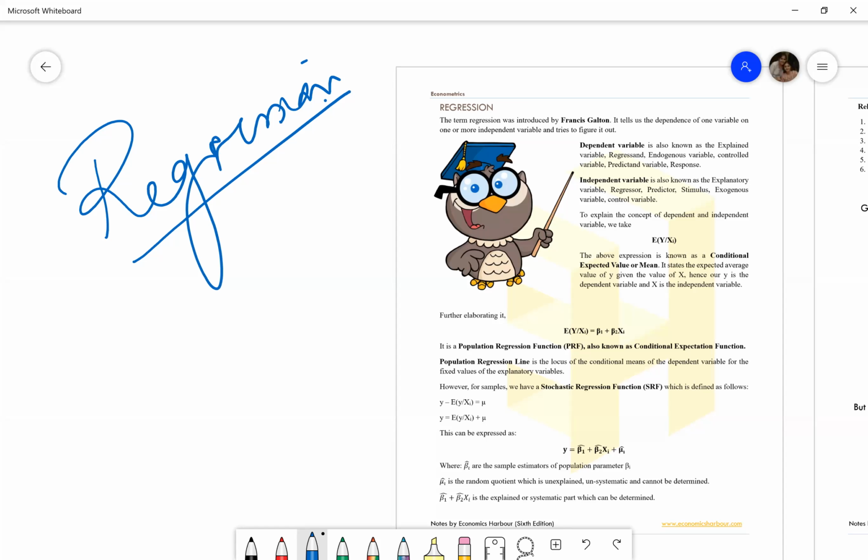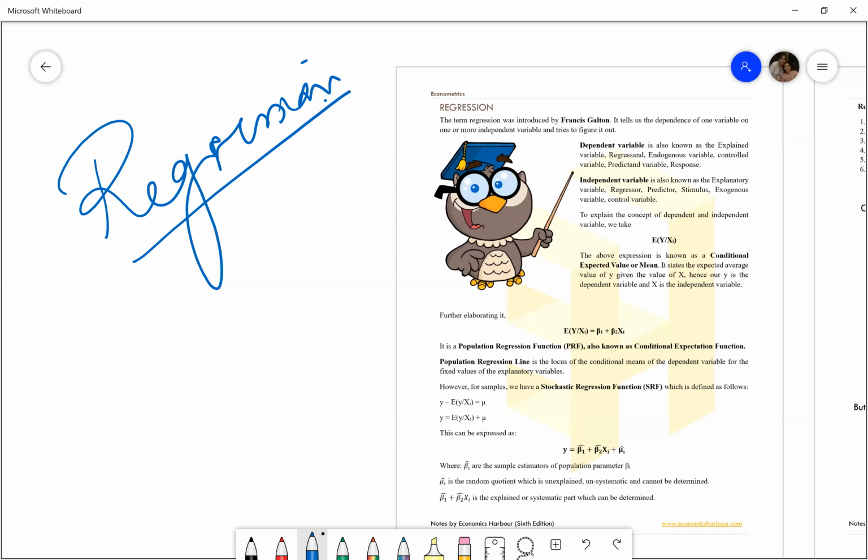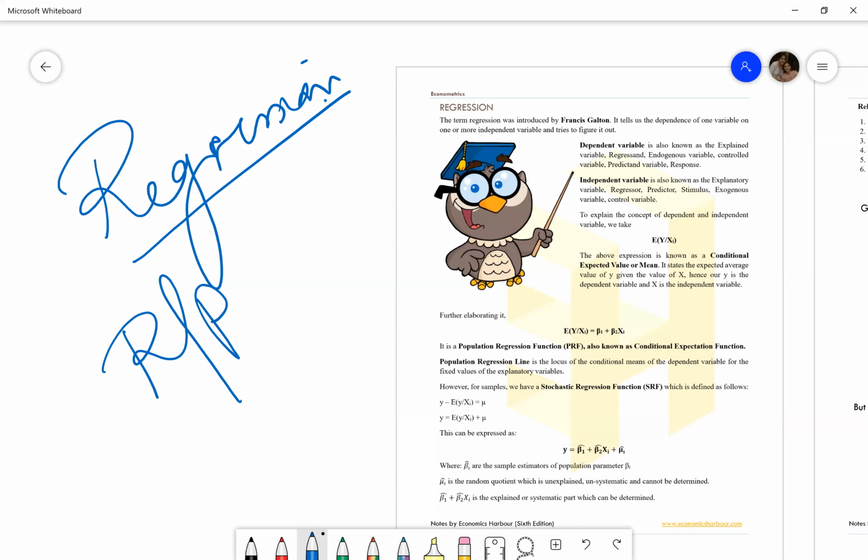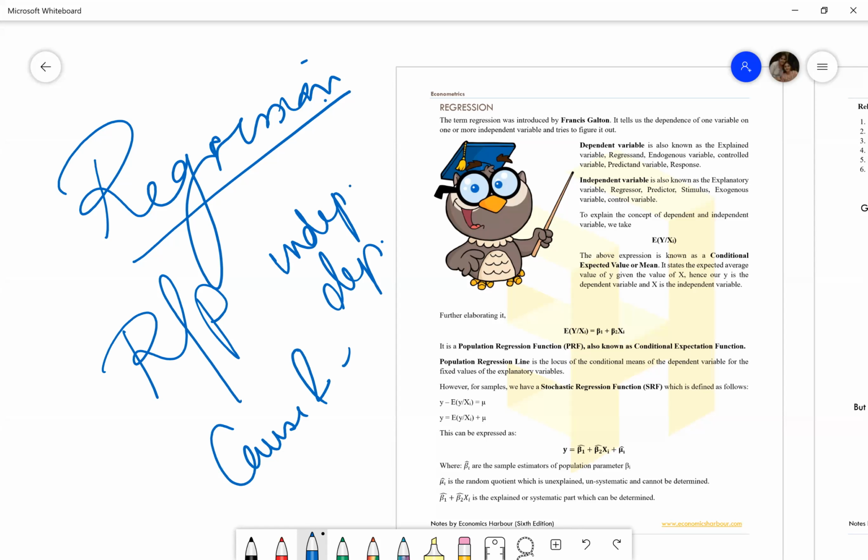We understand the relationship between the independent and dependent variable. Dependency. Exactly. So this helps in identifying the relationship between your independent and your dependent variable. It will state the cause and effect.